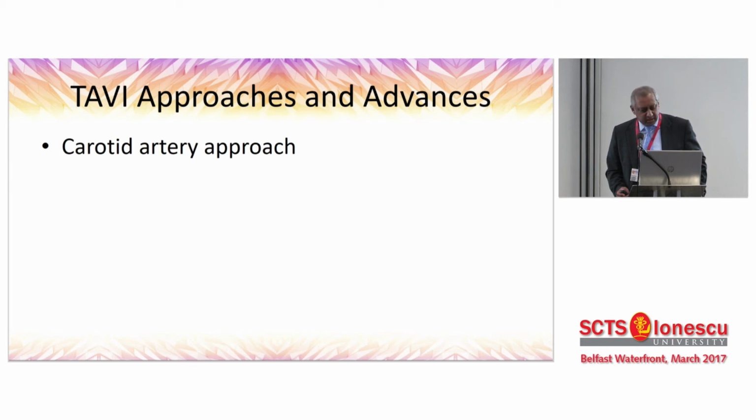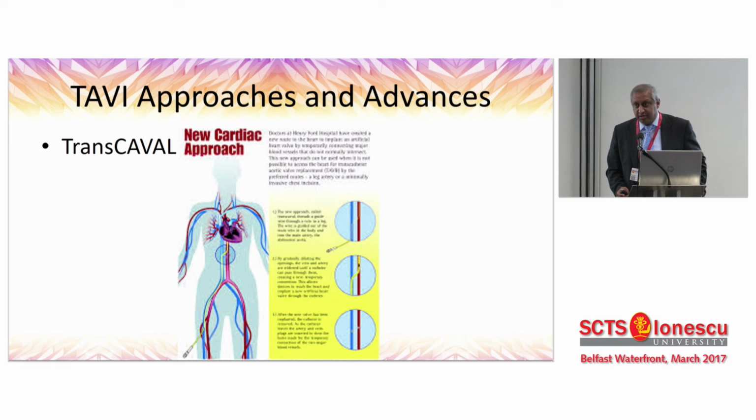But the one thing that is actually getting some press is the TransCAVAL approach, and that's going through the femoral vein and then accessing the aorta by creating an arteriovenous fistula in the abdominal area, and then delivering your device through that route. And when you finish, you have an umbrella device to close the arteriovenous fistula.